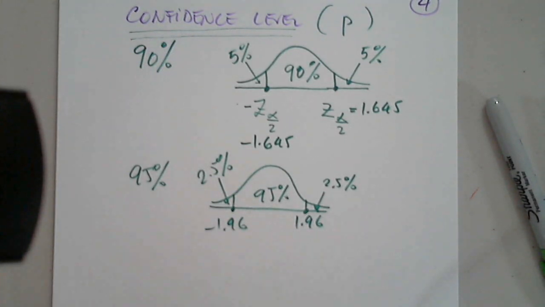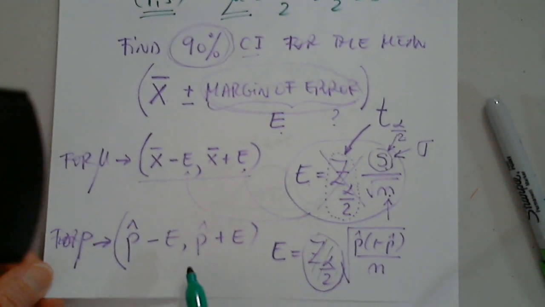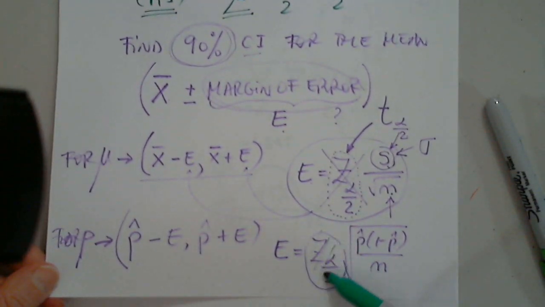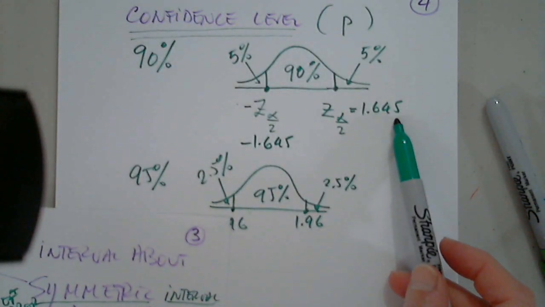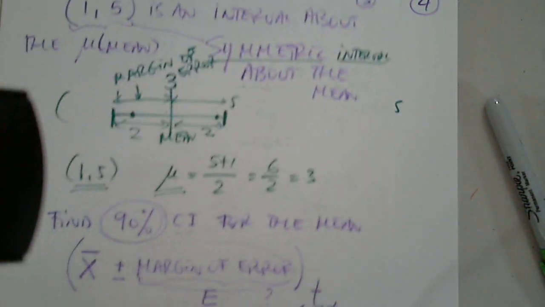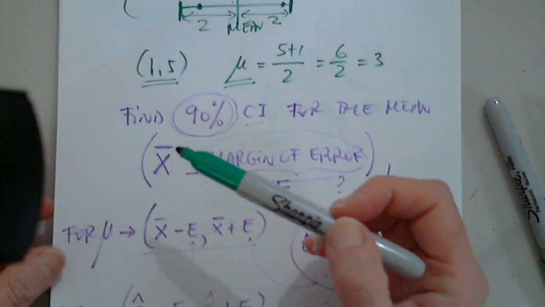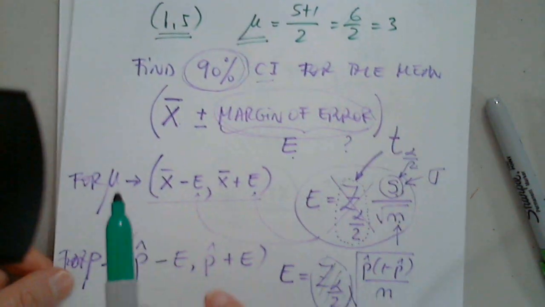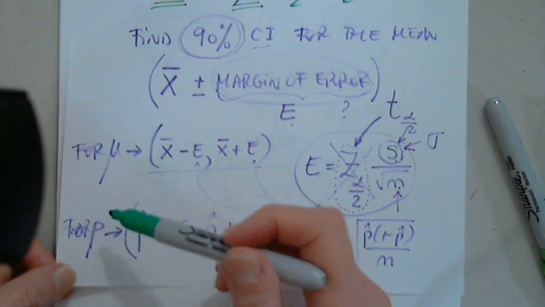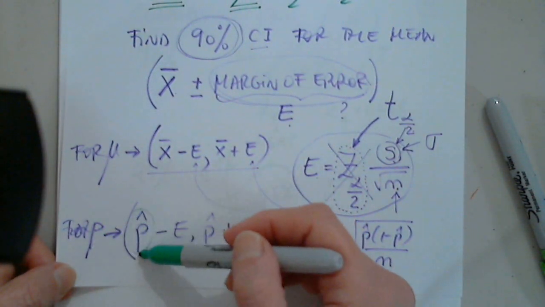What do I do with this? If I'm asked to find a confidence interval that is 95%, then this number is 1.96. Again, what are we trying to do? First, we want to estimate the population proportion using the sample proportion.